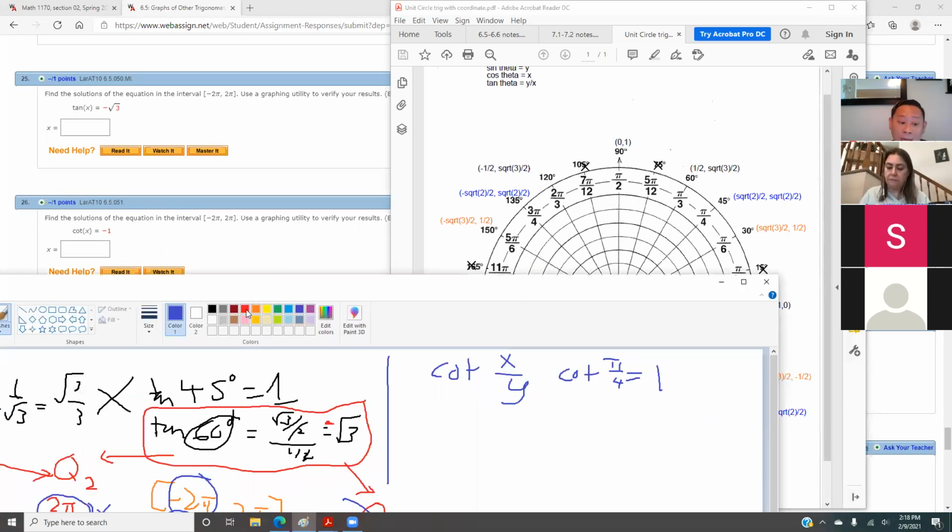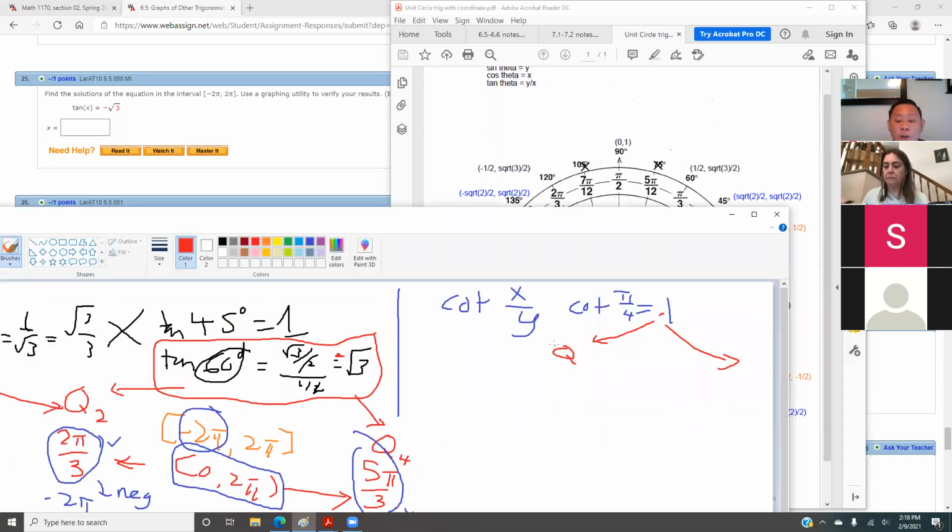Okay. But this question doesn't ask us for 1, this question asks us for negative 1. So can someone tell me in what quadrants cotangent is negative? It's the same as tangent, right? Which is quadrant 2 and also quadrant what? 4, because this is 2.